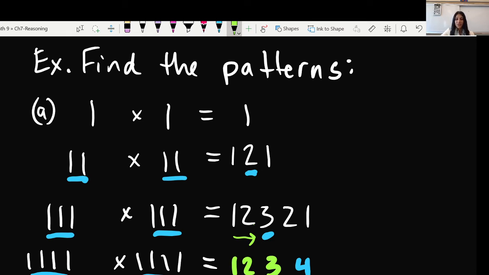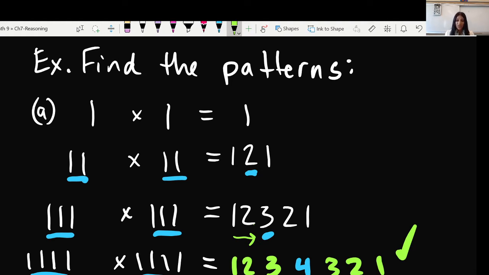And then here it goes 3, 2, 1, so this is probably 4, 3, 2, 1. And if you're unsure, take your calculator, punch this in, and you will find that this, in fact, is the solution that you get. So instead of having to sit there and do 1,111 times 1,111, you can notice patterns and use that to take a shortcut to make things easier.